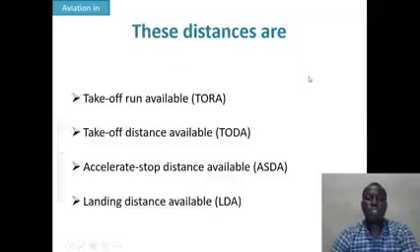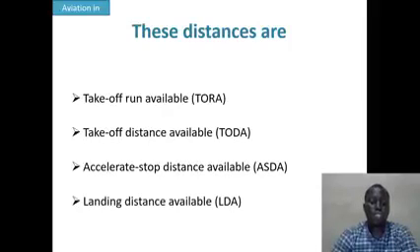So these distances are the takeoff run available, the TORA, the takeoff distance available, the TODA, the accelerate stop distance available, the ASDA, and the landing distance available, the LDA.